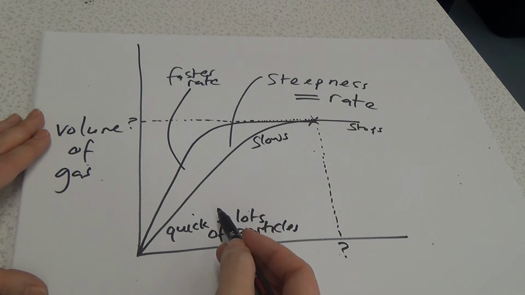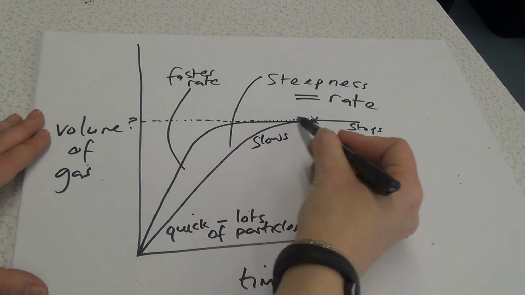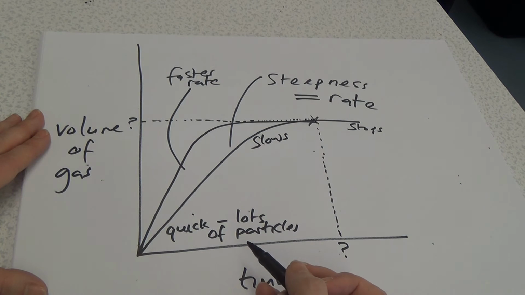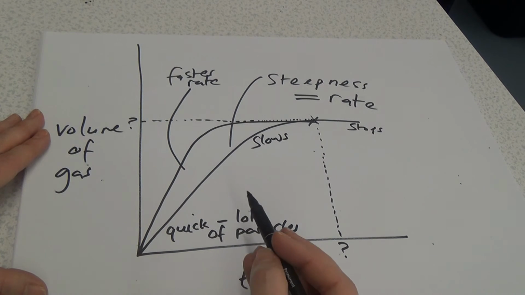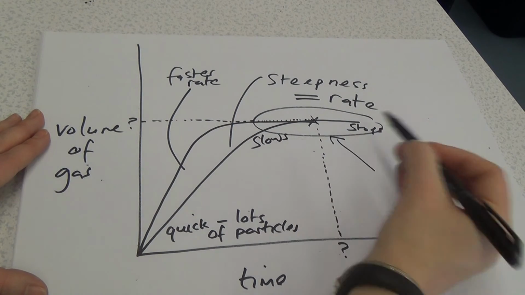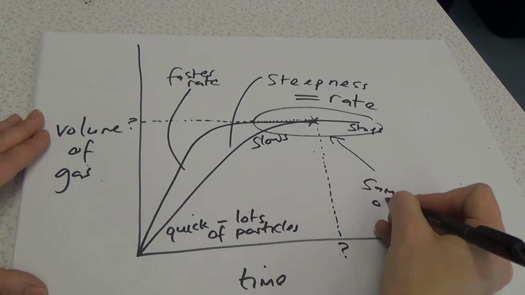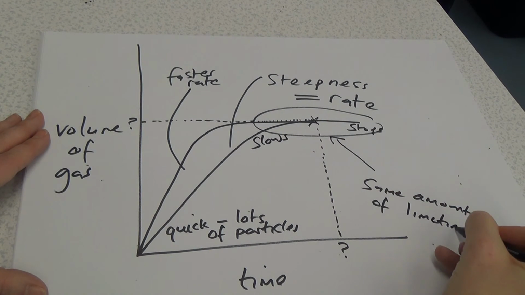What's quite important to notice is that although the line is steeper, the line ended at exactly the same point. Both lines ending at exactly the same point tells you that the same amount of limiting reactant was used.